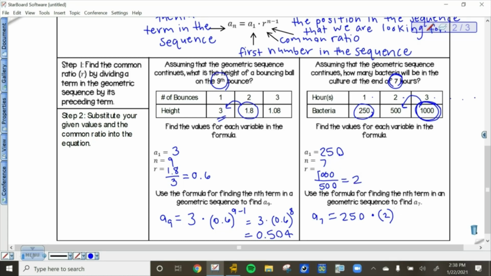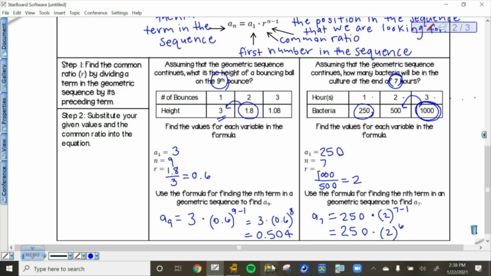Well, n is 7, so it's going to be 7 minus 1. So this comes out to be 250 times 2 to the 6th. Let's use our parentheses still. And then again, we can plug that into the calculator.